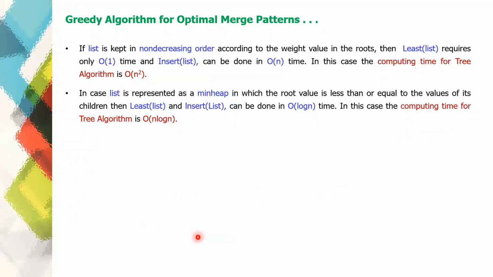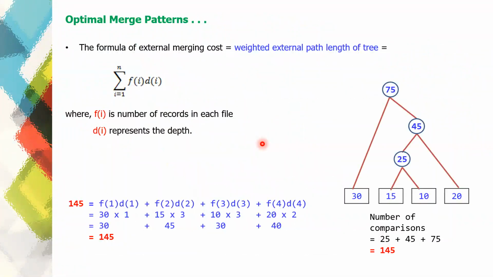And the time complexity of this greedy algorithm: you have 2 cases. If the lists are maintained in non-decreasing order, then the time complexity will be big O of n square. That means, you can see the figure here, this is L1, L2, L3, L4. They are not maintained in any particular order.